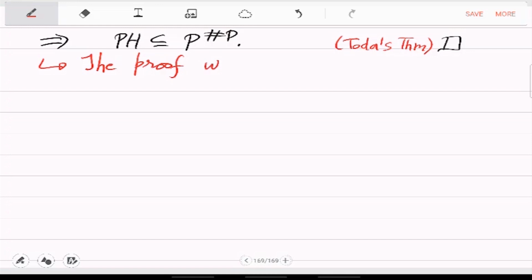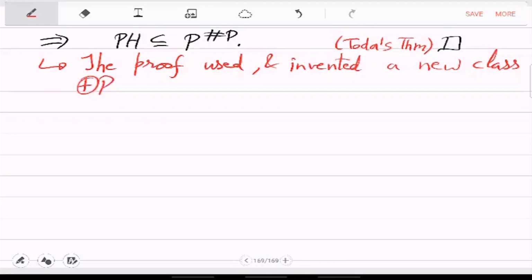The proof used and invented a new class, parity P, which doesn't appear in the final statement, which was not asked for in the statement.